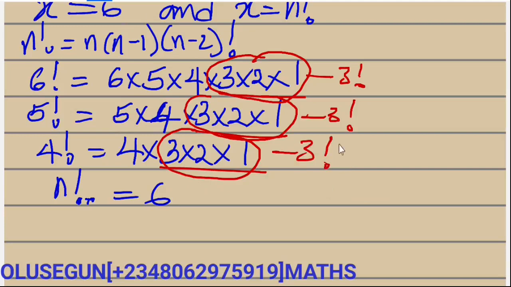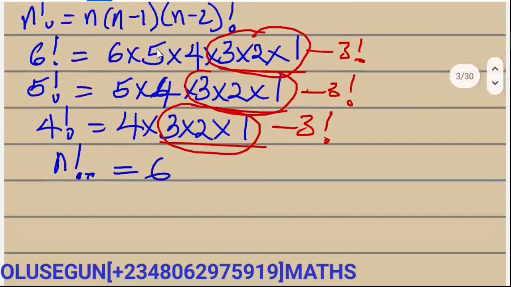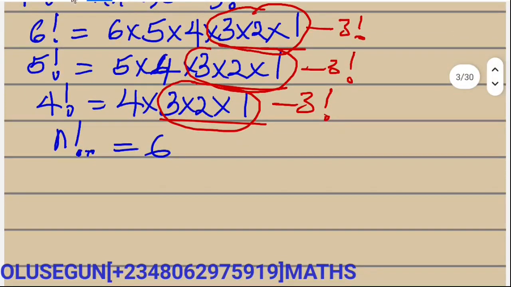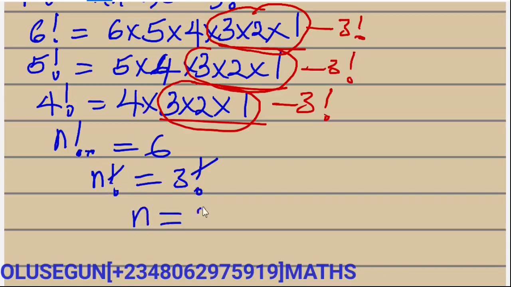So 3 times 2 times 1 is 6. Therefore, n factorial is 6, and 6 is 3 factorial. So n factorial is equal to 3 factorial. Factorial cancels factorial, meaning that n is equal to 3.